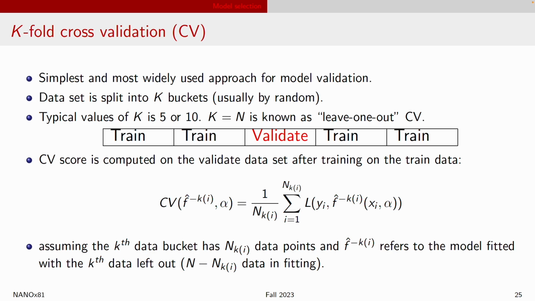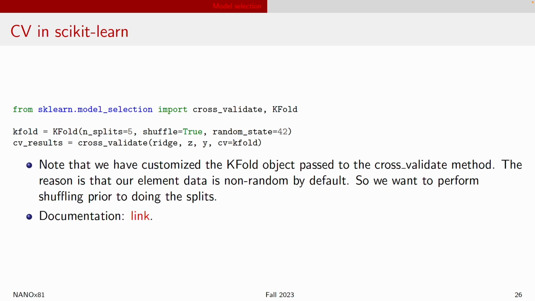So ignore this complicated formula. It's basically just the average of your 5 losses from your 5 different models, okay? And once we have done that, then we can choose the set of parameters that give me the lowest cross-validation score, okay? All right.